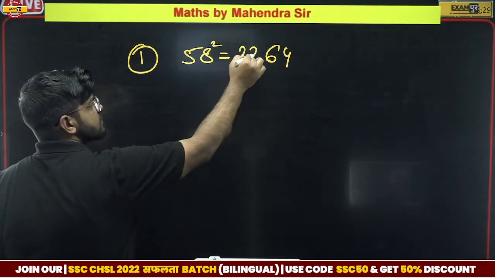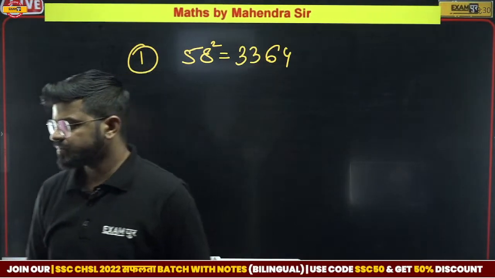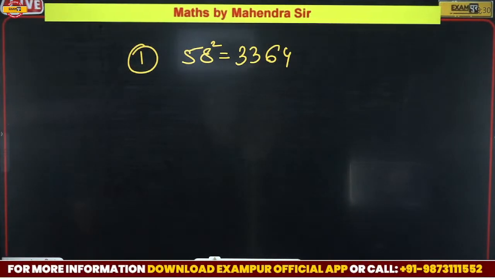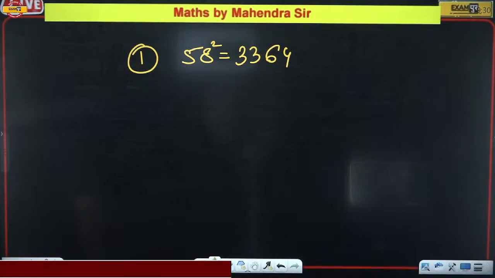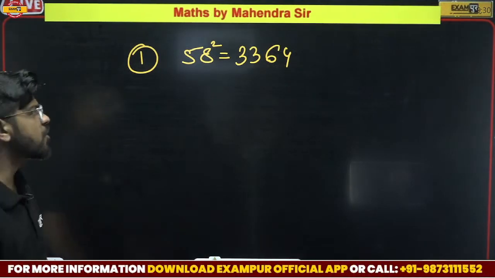So 3364 is my square for 58. Yes or no? Is it clear? Suhan, Amrita, is it clear? Is it clear to everyone? 3364. Yes or no?